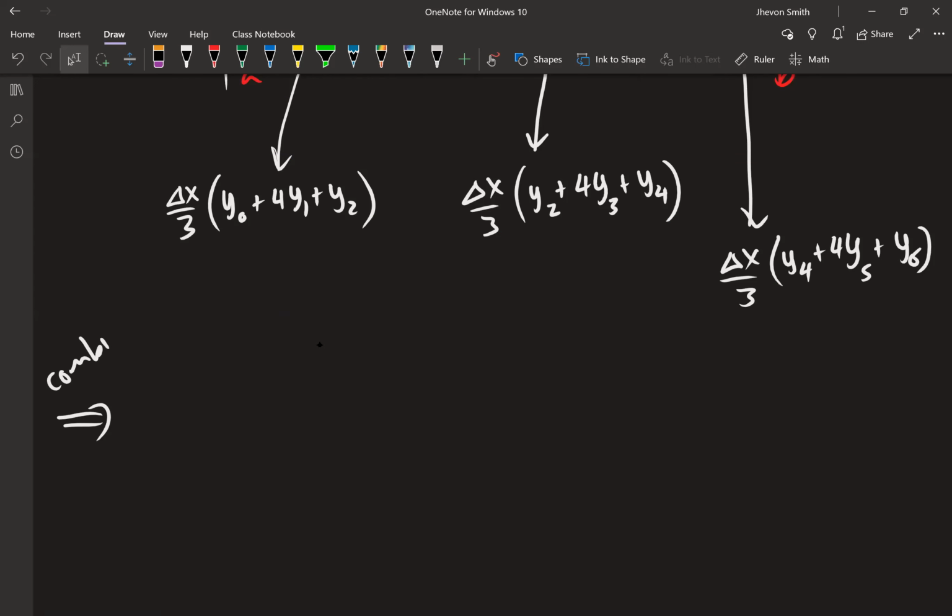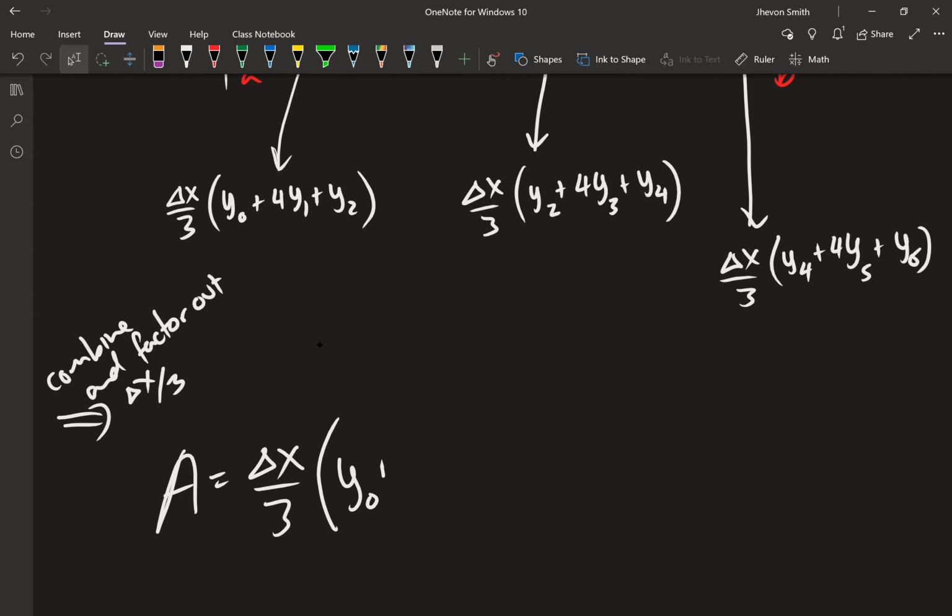And so now when you put them together, combine and factor out the delta x over 3, you would get the area is going to be like delta x over 3. You're going to have y0 plus 4y1. The y2 will double up from the 2 parentheses, and that's going to be 2y2.